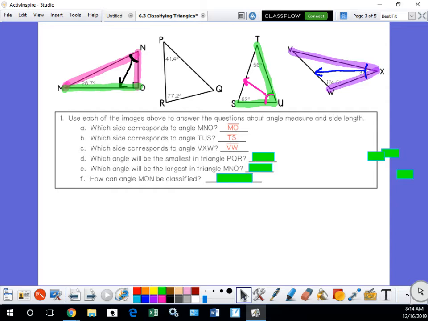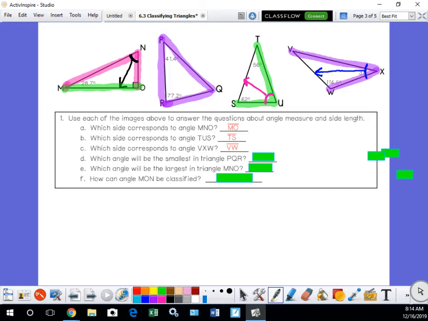Which angle will be the smallest in triangle PQR? So talking about this triangle right here. PQR, this triangle. Which one is going to be the smallest side length?